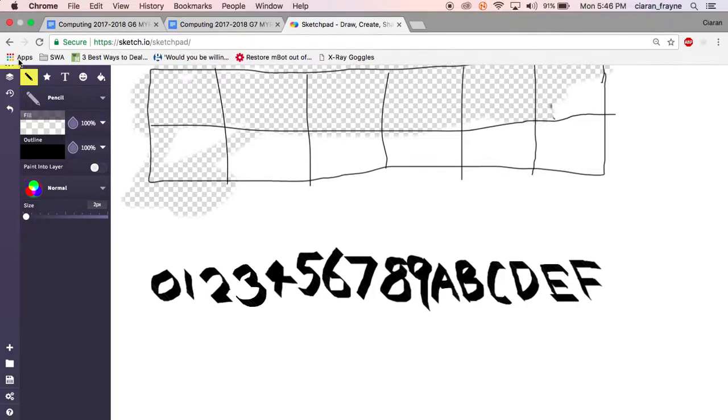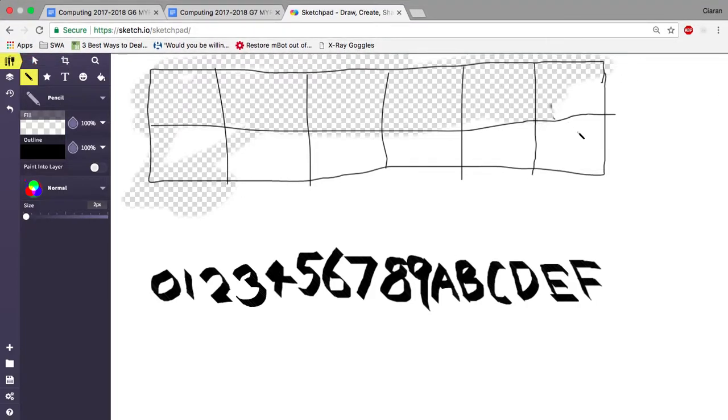With binary, in the first column we start with 1, then the next column we double it, which gets us to 2, we double that to 4, we double that to get to 8, 16, 32, and so on. Therefore, if we get the number 0, 1, 0, 1, 0, 1, we simply write it in the columns here to work out what it is in decimal.